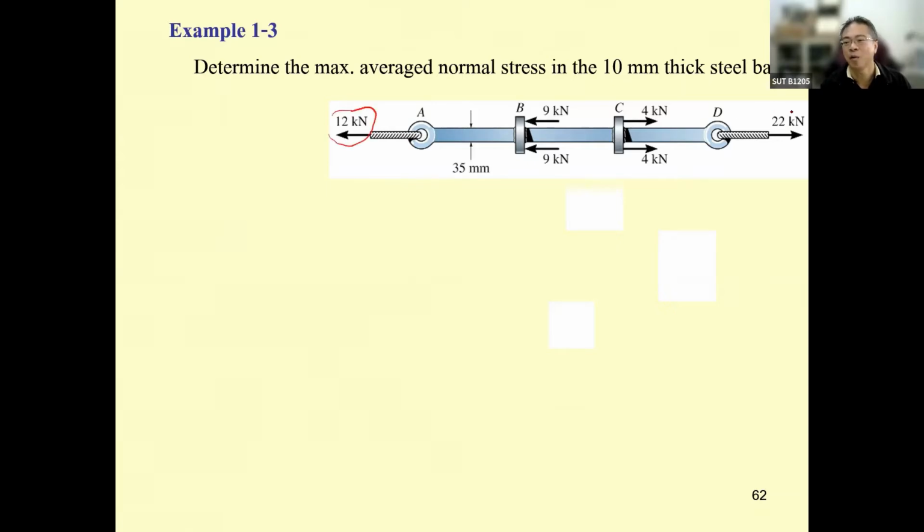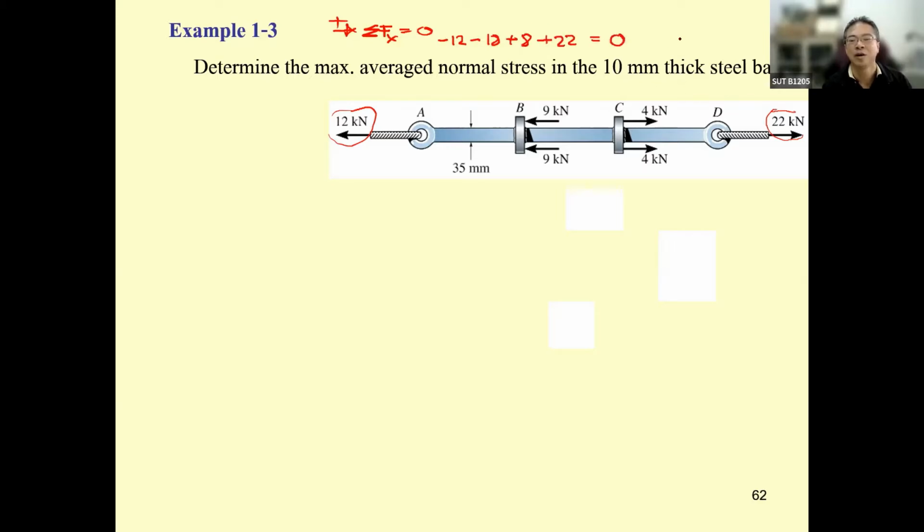This is 22 kilonewton, and in between, if you like to check, you use the summation of F sub x equal to 0, and let's say this direction is positive, so you have minus 12, and you have minus this one 18, and you have this one plus 8, and then you have this one plus 22.